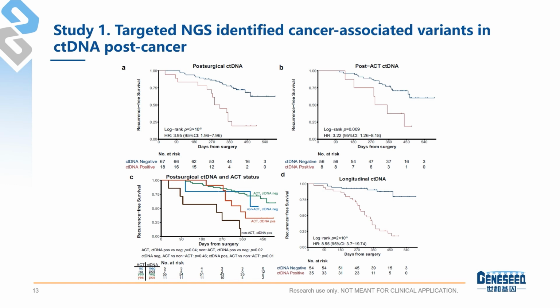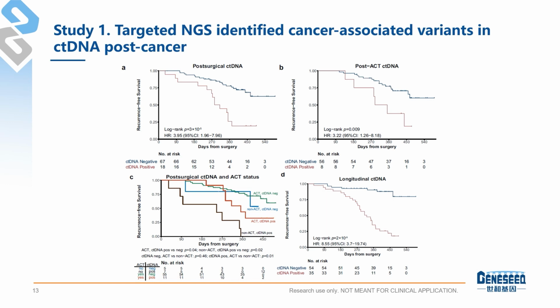And what we observe in this retrospective analysis of response was that, as can be seen in Figure A and Figure B, the survival curves, we see that post-surgical ctDNA status and post-adjuvant chemotherapy ctDNA status, the blue line, which represents the ctDNA negative group, actually has a higher recurrence-free survival than that of the ctDNA positive group, which is the red line.